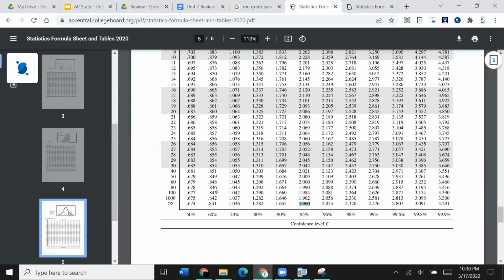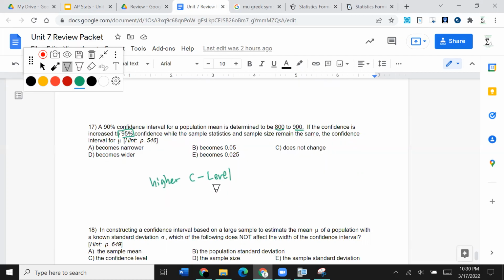The bigger your critical value is, the wider your interval is going to be. So it's going to be a wider interval. You're more confident that something is in that interval, but as a result, your interval becomes wider.